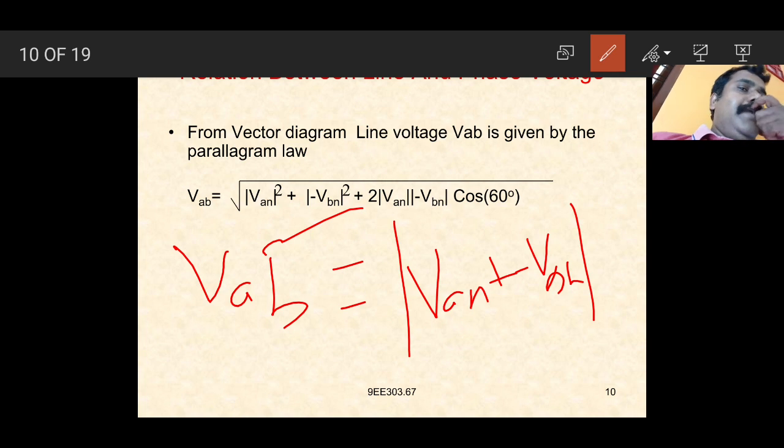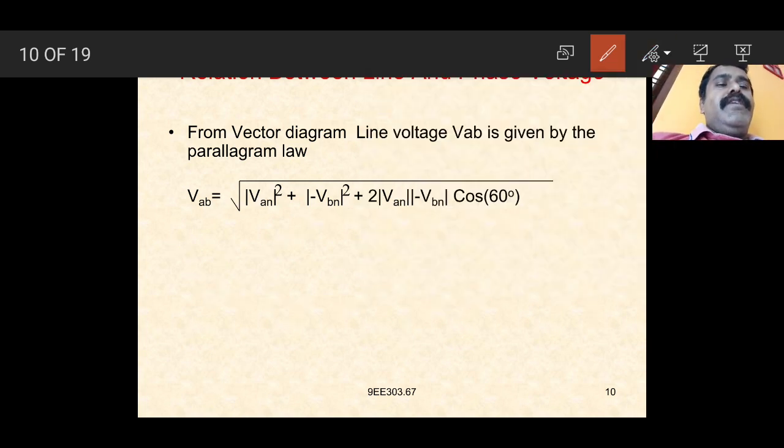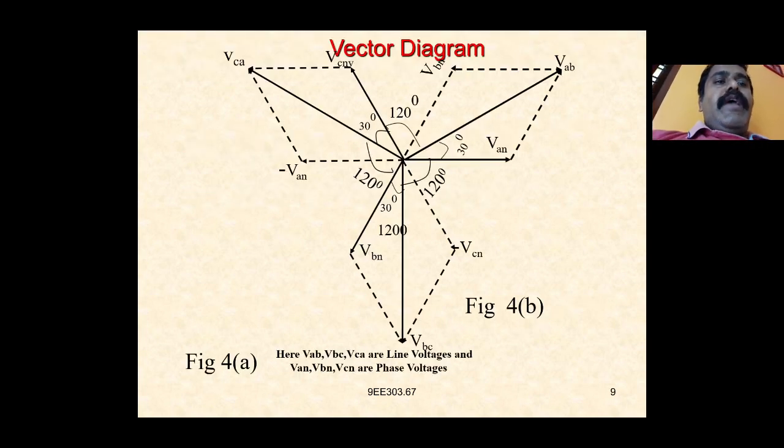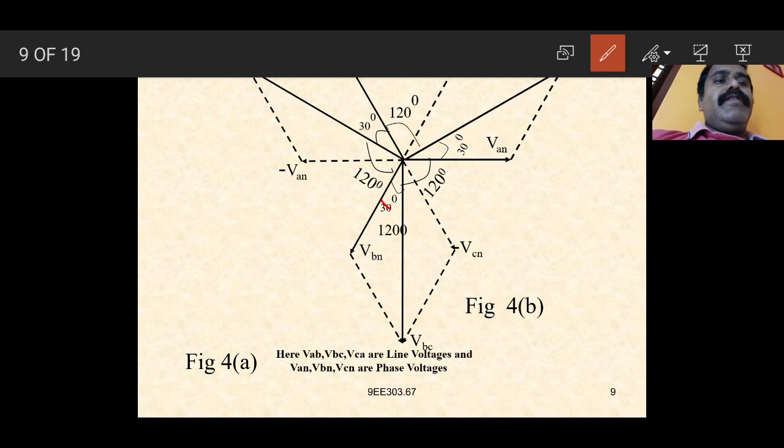This theta is taken as 60 degrees, the angle between VCN and VBN, and VAN and VAB.